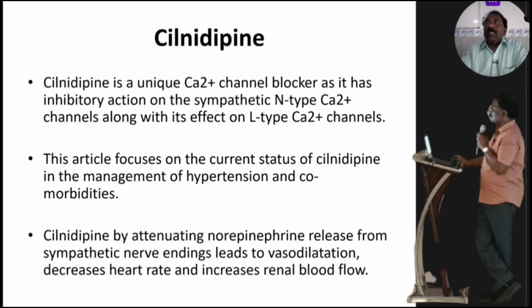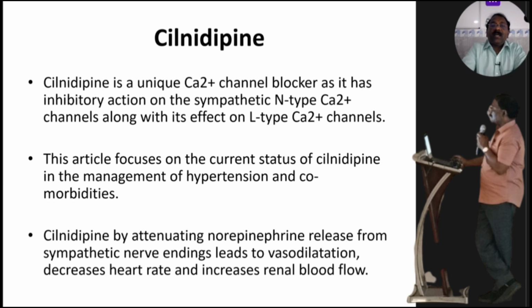Cilnidipine is a unique calcium channel blocker. It has inhibitory action on the sympathetic nerve N-type calcium channels along with its effect on the L-type calcium channels. You have the N and the L. Amlodipine will act on the L-type channels, whereas cilnidipine will act on both the L and the N.